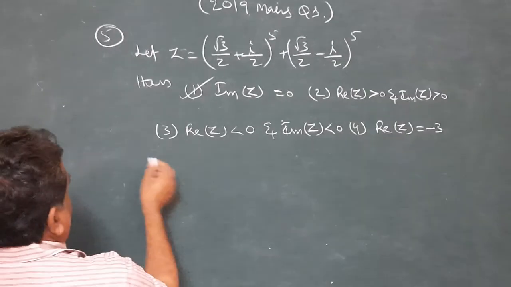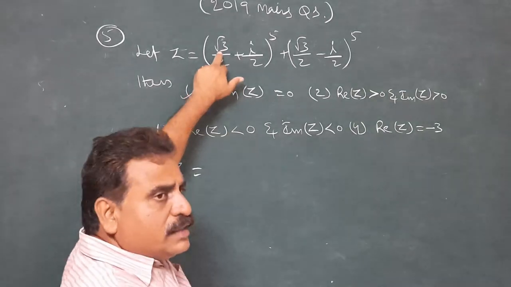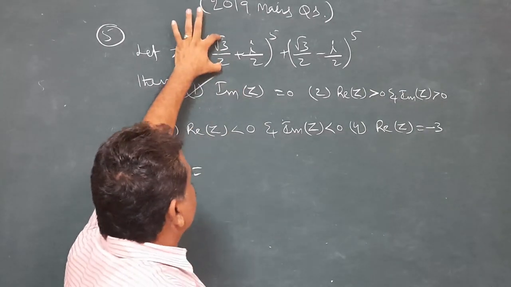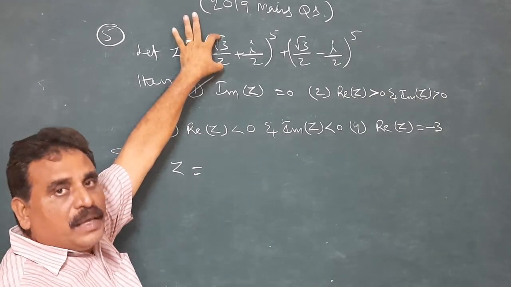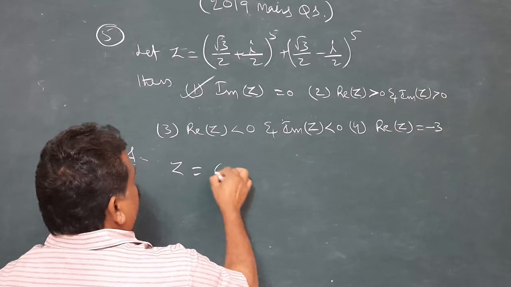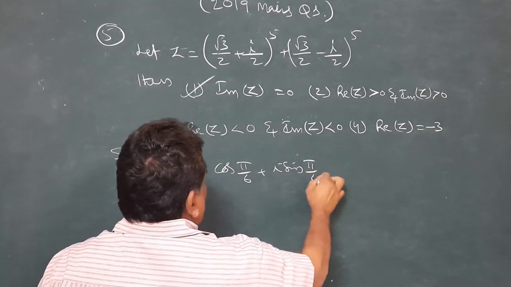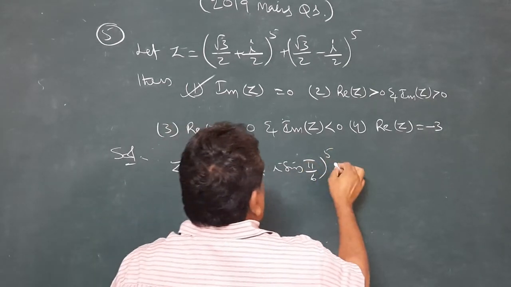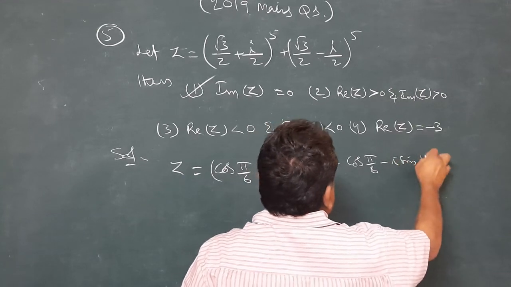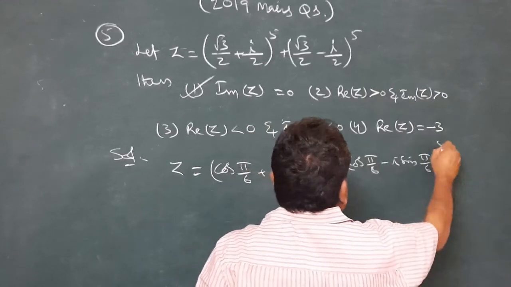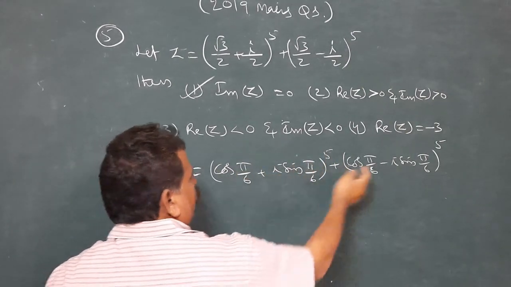Now, solution. Z equal to, look here, it can be written as cos pi by 6 plus I sin pi by 6, whole power 5, plus cos pi by 6 minus I sin pi by 6, whole power 5. By de Moivre's, the power becomes 5 pi by 6 here and here also.